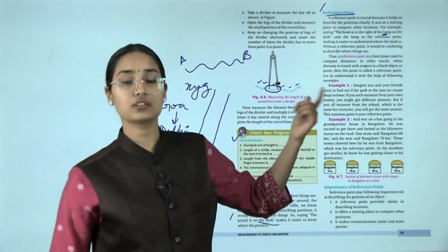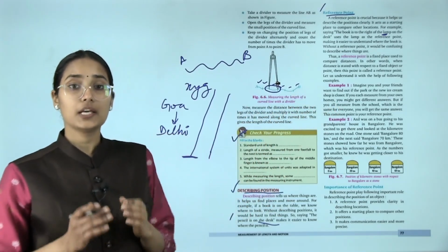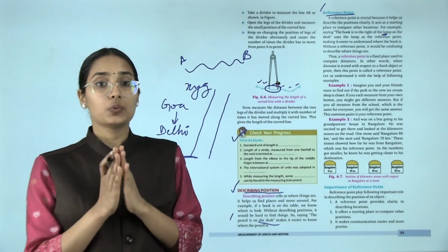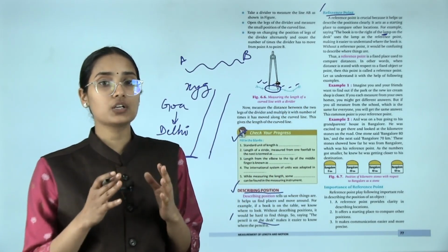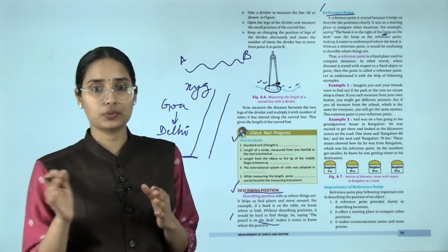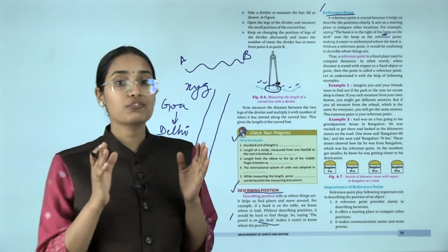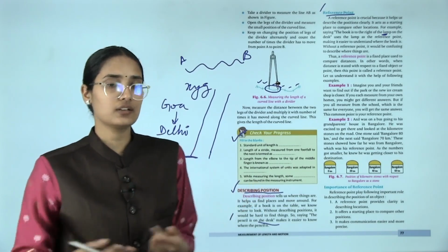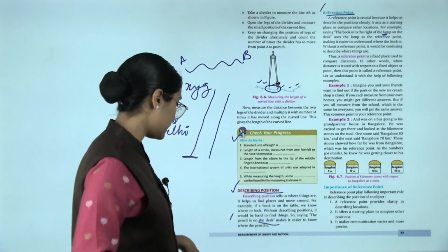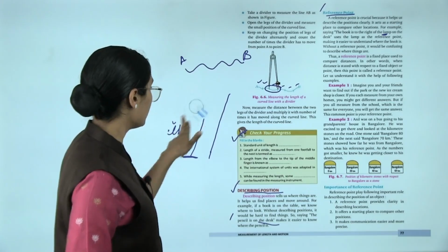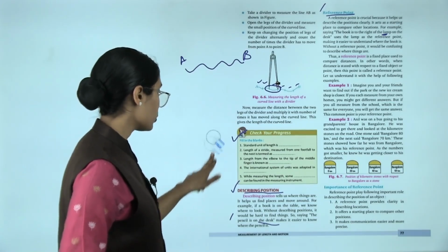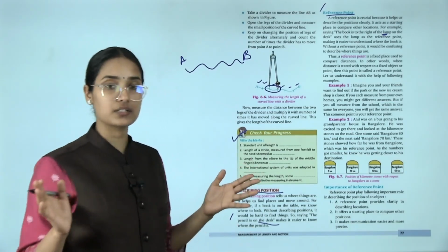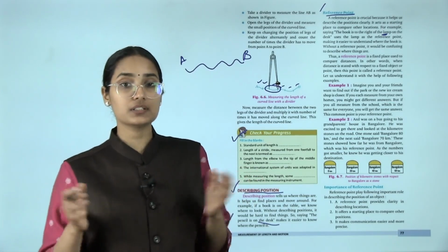Now, let's see this through one example. Imagine you and your friend want to find out if the park or the new ice cream shop is closer. If you each measure from your own homes, you might get different answers, because you live at different places.